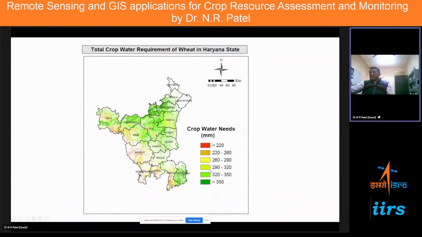You can see the majority of districts have a crop water requirement between 290 mm and 350 mm. If you take 50 mm as one irrigation, it will come around 6 to 7 irrigations. Mostly 5 to 7 irrigations are required across Haryana to meet the water requirement of the wheat crop.